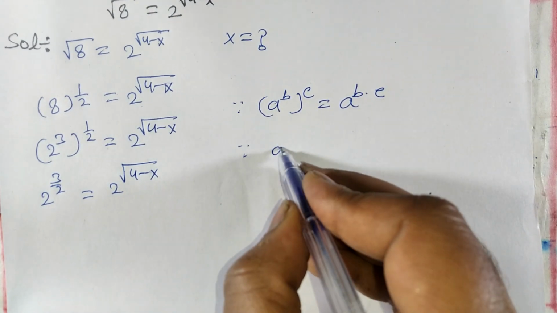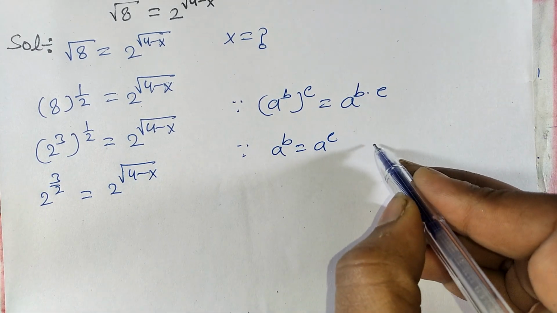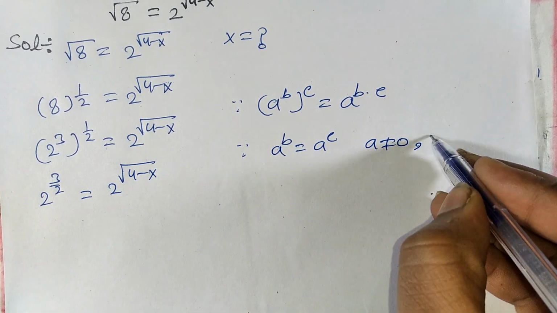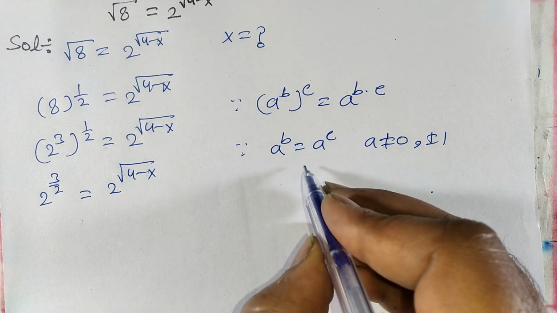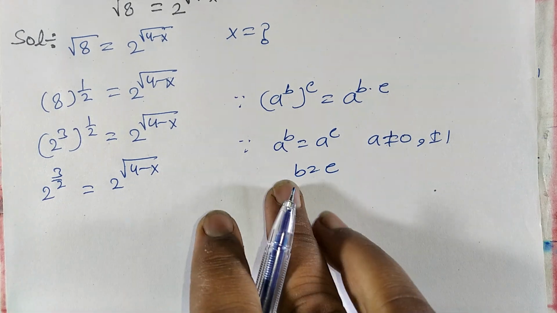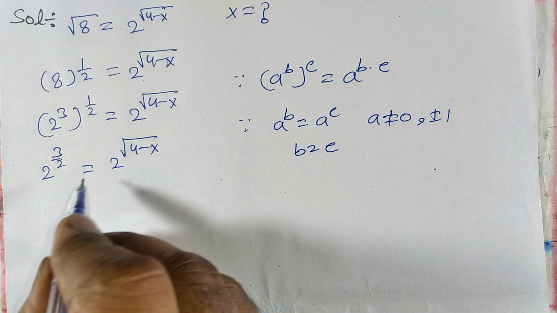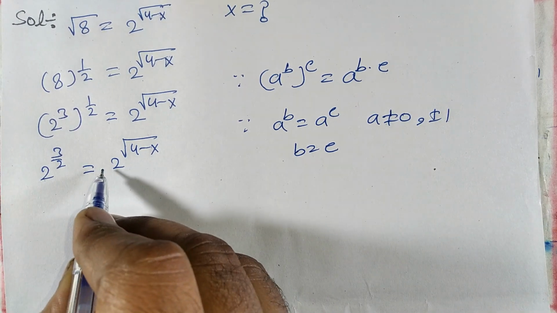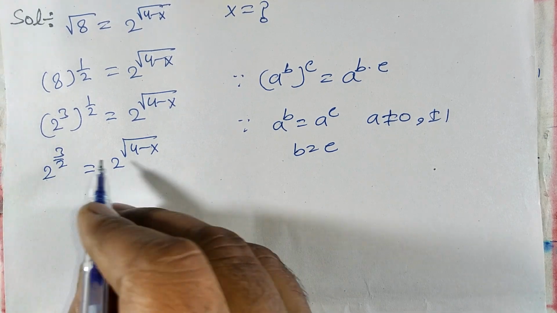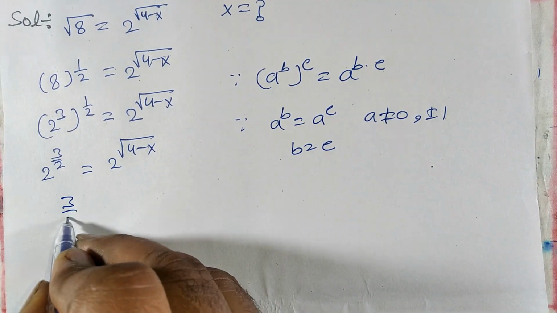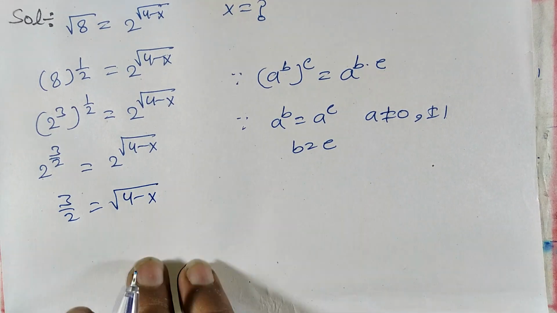If we have a to the power b is equal to a to the power c, with the condition a not equal to 0, plus minus 1, base and base same and equal, then equating power, b is equal to c. By using this manner on both the sides, base and base same and equal, then equating power, 3 by 2 is equal to square root of 4 minus x.